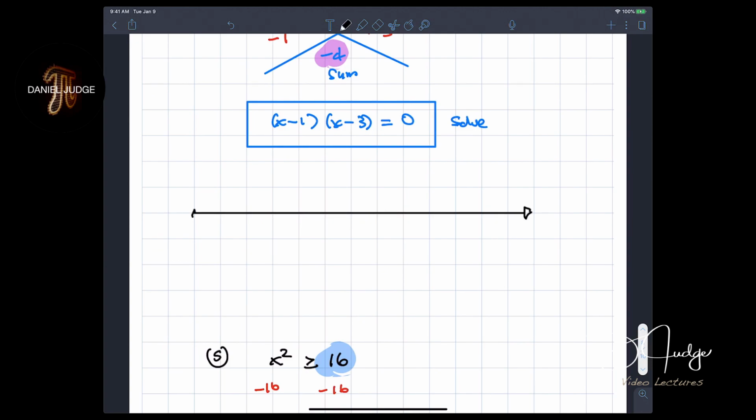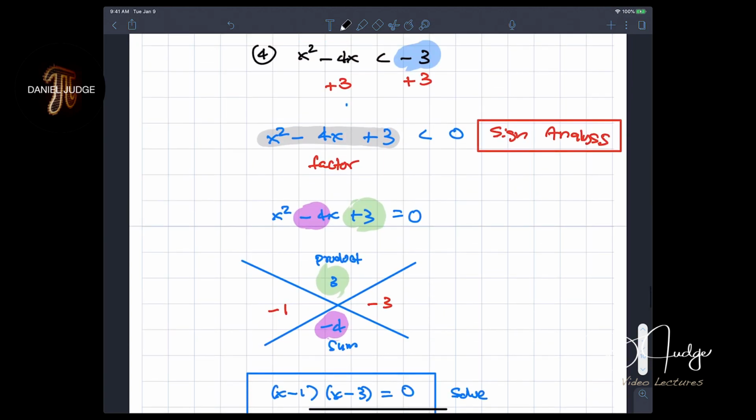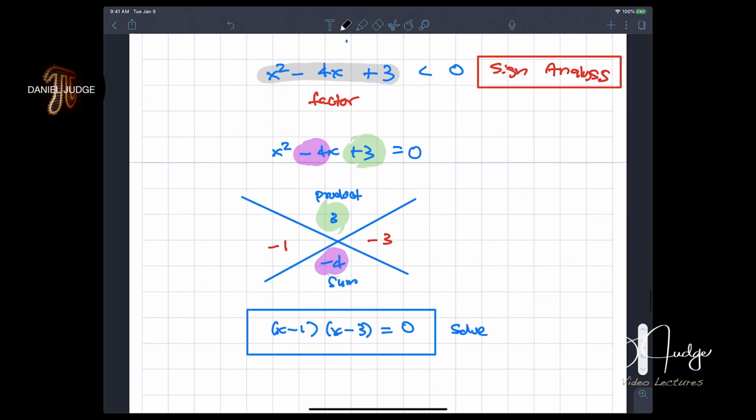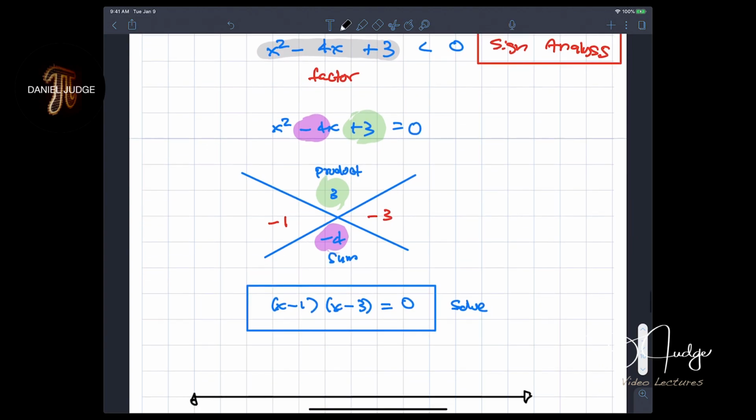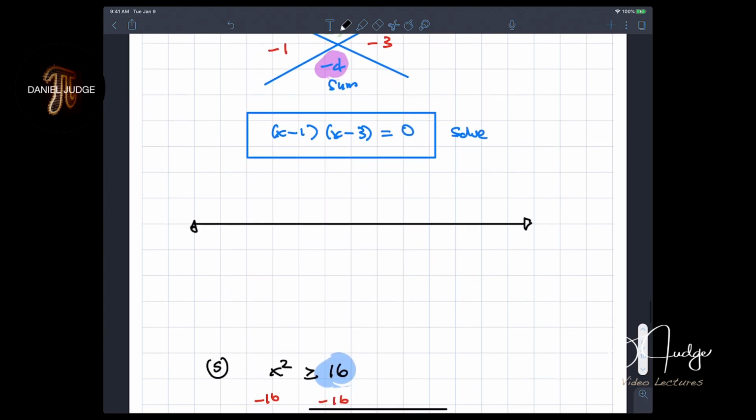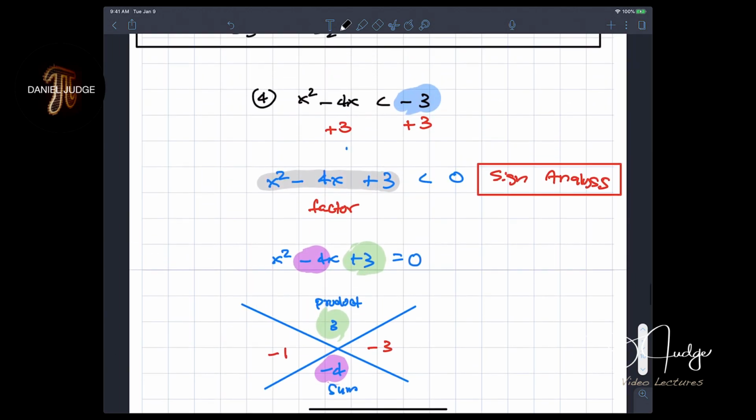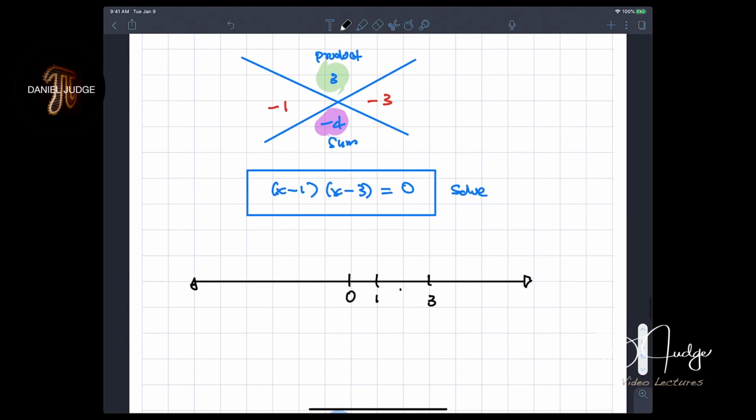I can tell you what sign analysis will give you here. Let me just read it. Negative less than 0, negative. Okay, less than 0, negative, negative, negative, negative, negative. Between what numbers? Positive 1 and positive 3. So 0 is here, positive 1, 2, and 3 here, and we're looking for the numbers that are going to be negative.